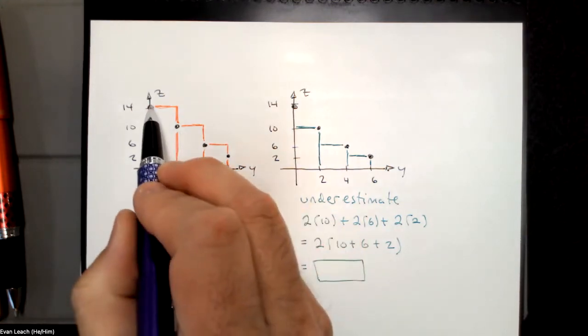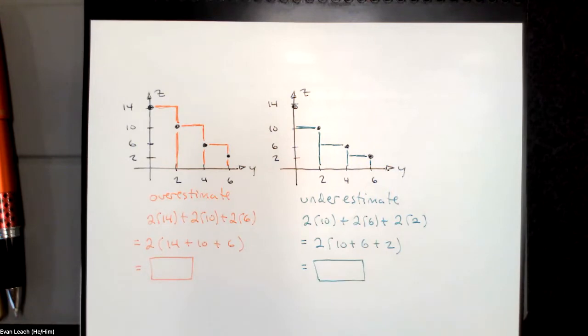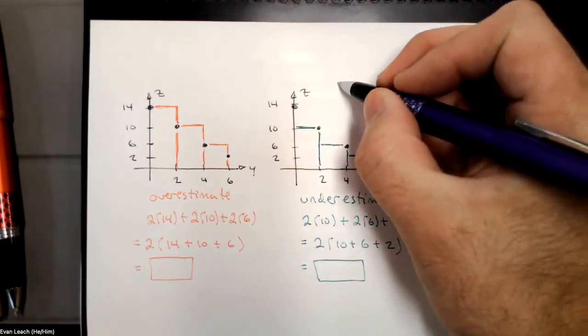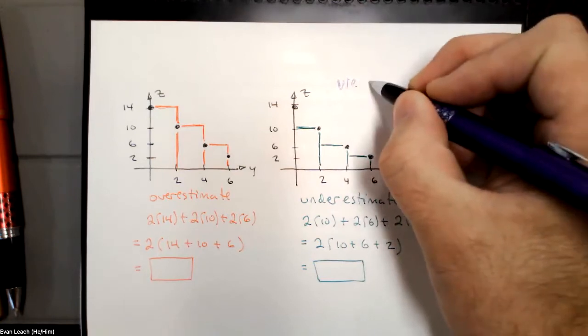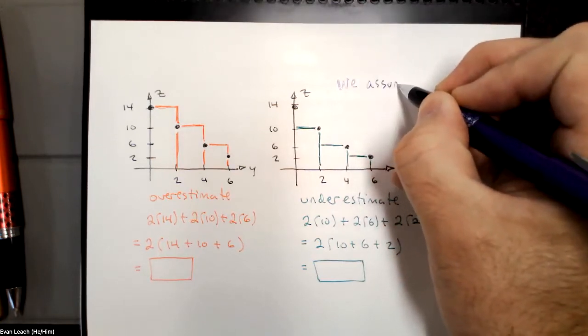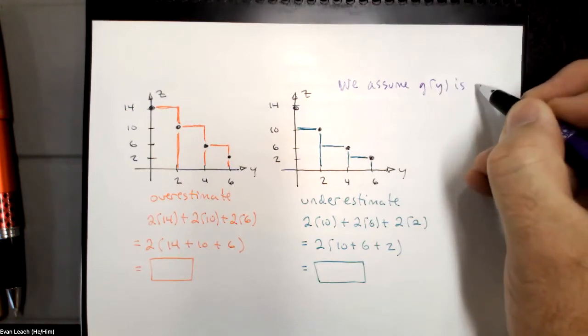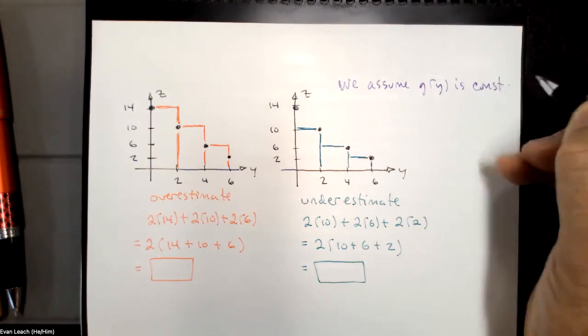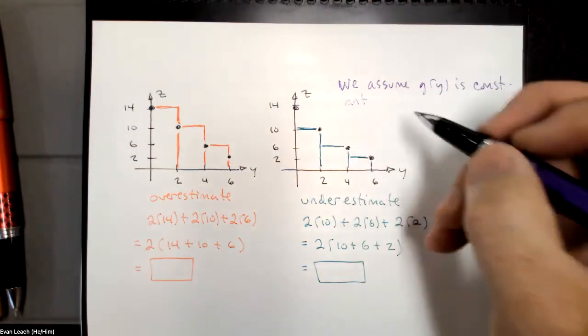If we had a nice constant 14, then we would get to multiply the whole time. But unfortunately, our function is like, oh no, I'm going to change values. But we assume that g of y is constant, so that we can use multiplication.